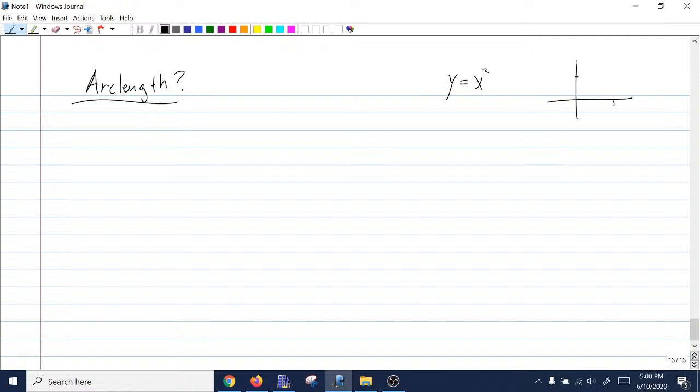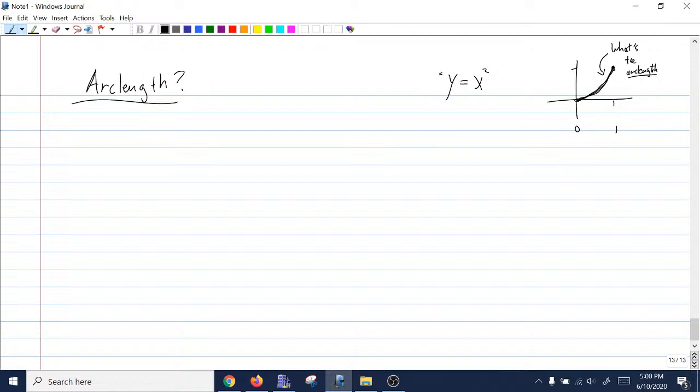If I graph y equals x squared from 0 to 1, a reasonable question to ask is, what's the length of this segment? What's the length of that curve? What does that even mean?